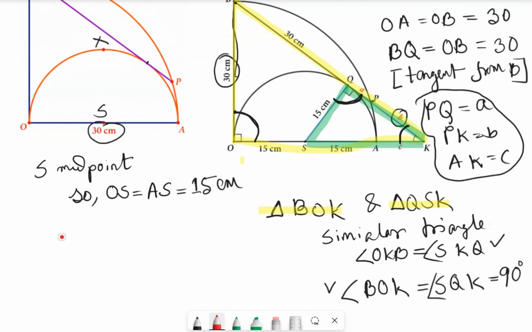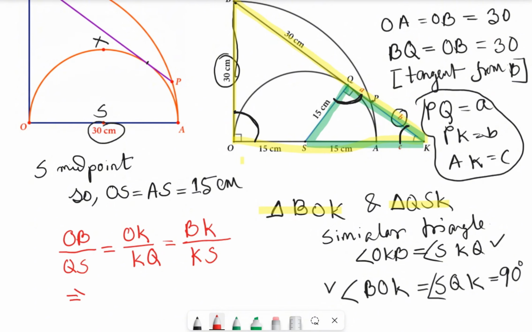From this we can write down the ratio of OB over QS, from these two triangles, OK over KQ, also equal to BK over KS. Now let's plug in the values.